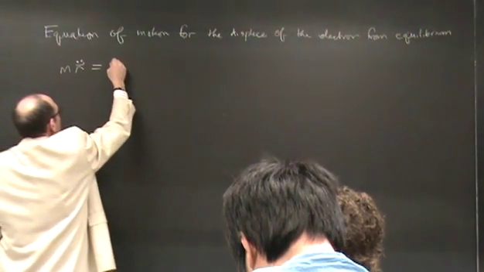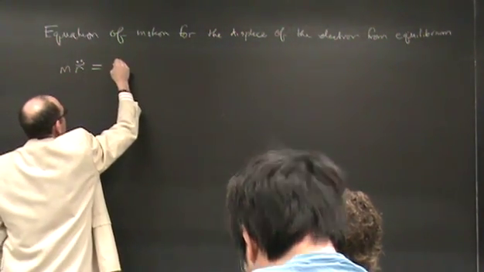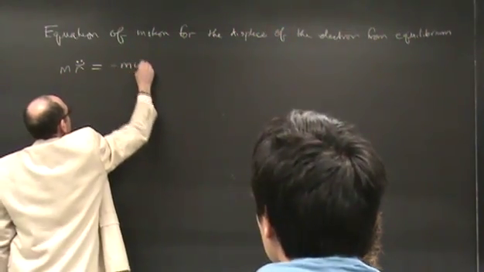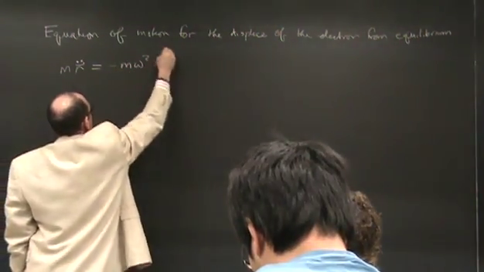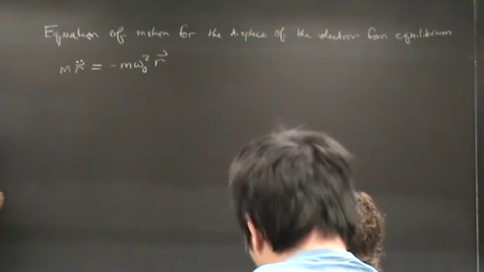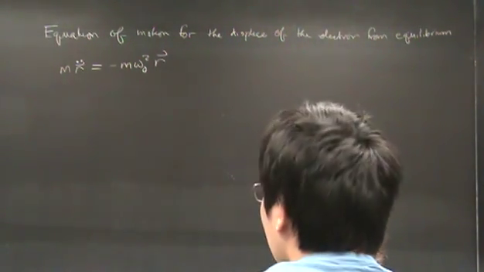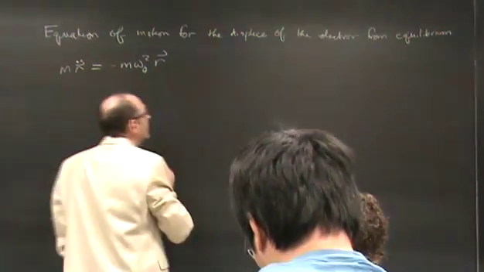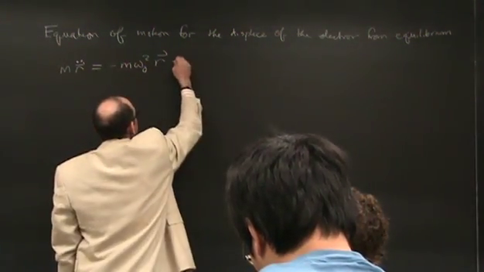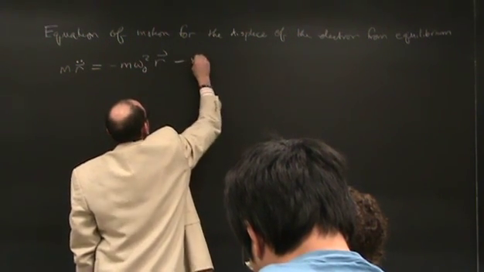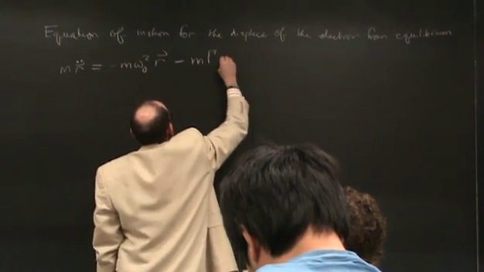We have Hooke's law, which says that there is a restoring force depending on the natural frequency. We have damping, which is proportional to the velocity with rate gamma.